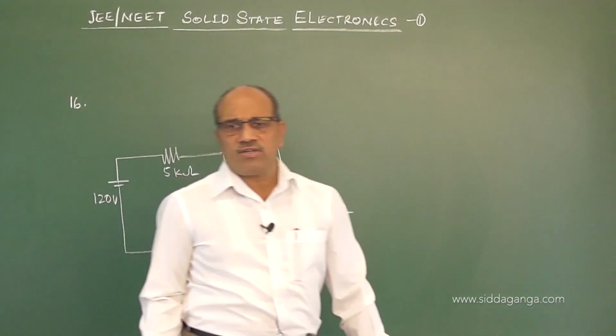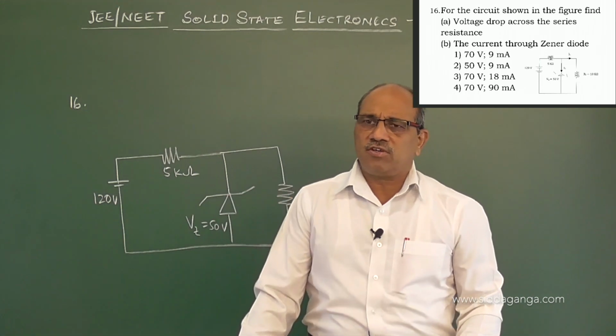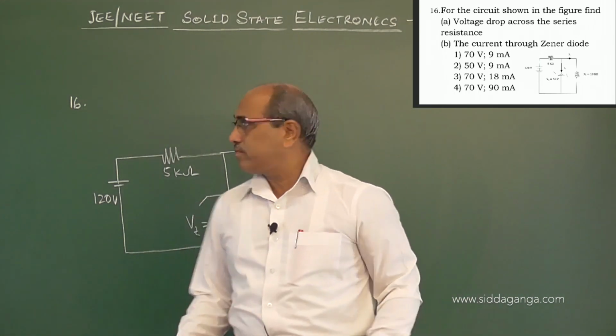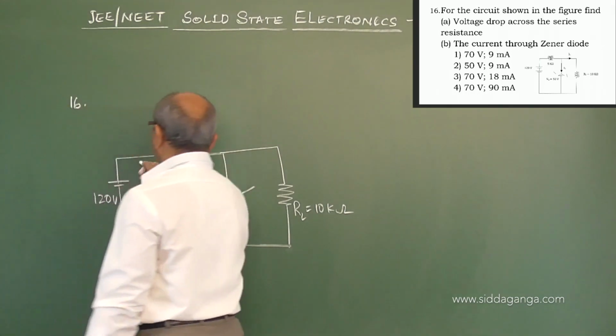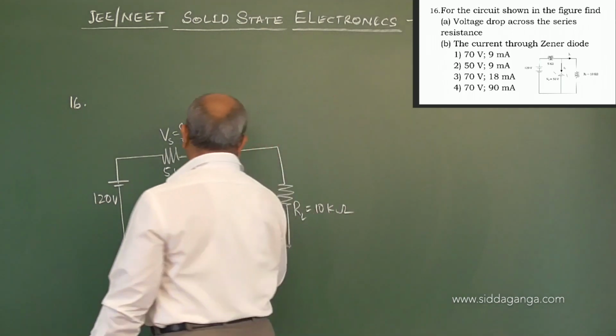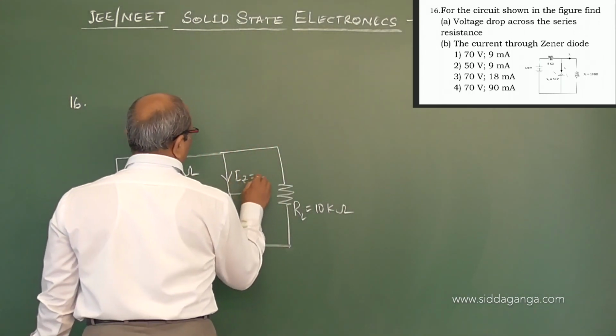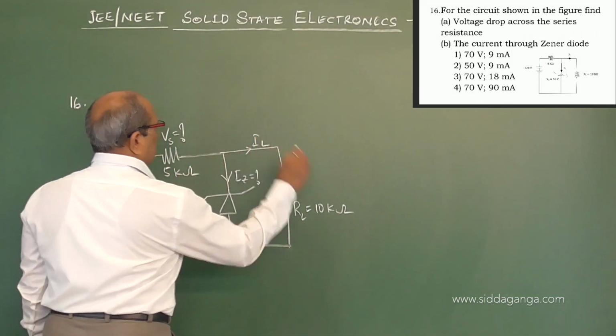Now the question is, for the circuit shown in the figure, find the voltage drop across the series resistance, and second, the current through the Zener diode. What is the current in the Zener diode, IZ? Main current is I, load current is IL.